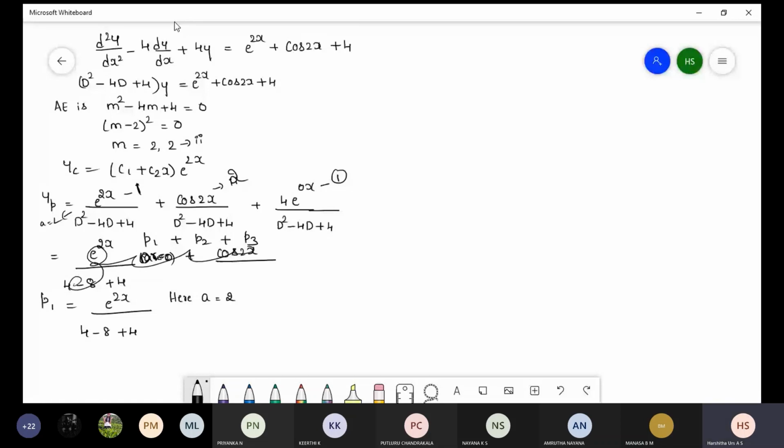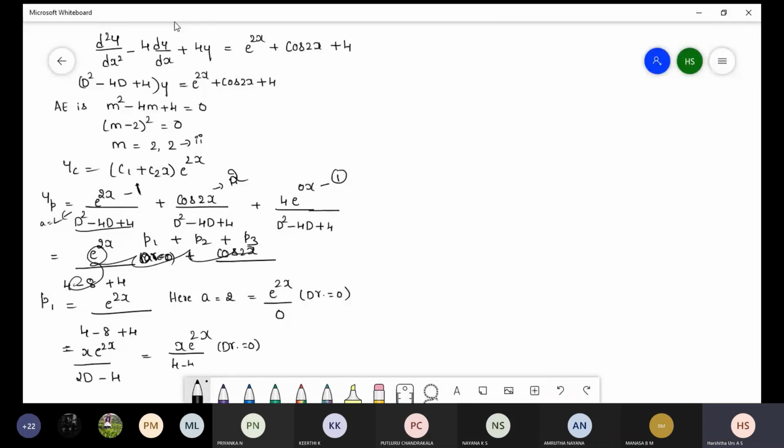So e power x into e power 2x divided by differentiation of the f of d means 2d minus 4. Again x into e power 2x, a is equal to 2, 4 minus 4. Again denominator is equal to 0.